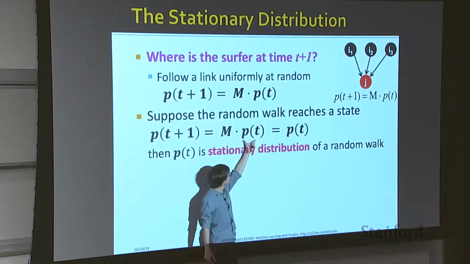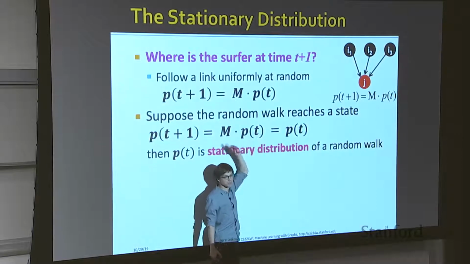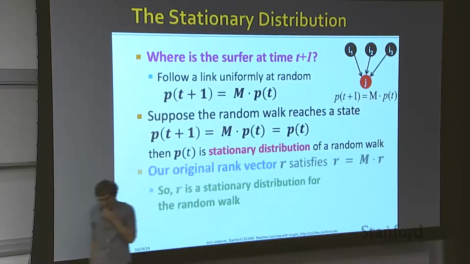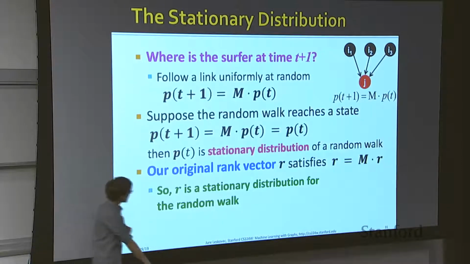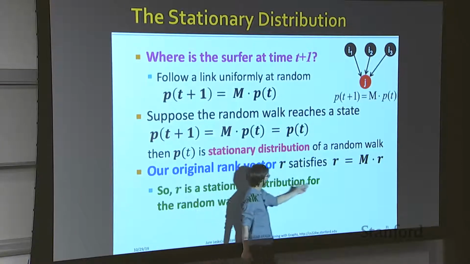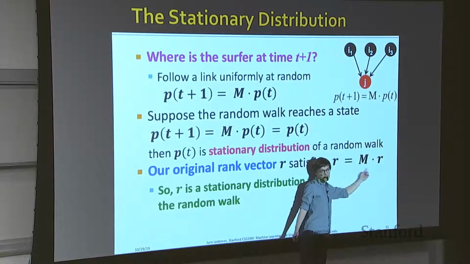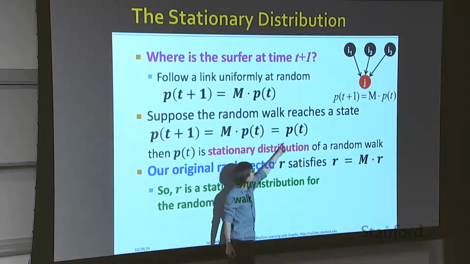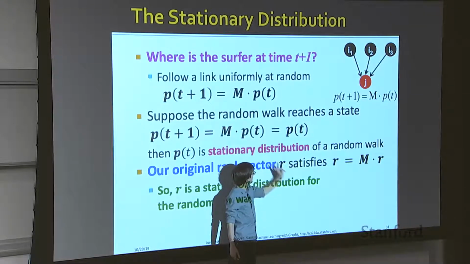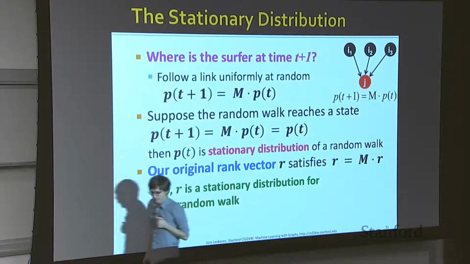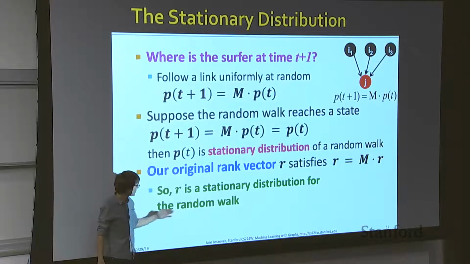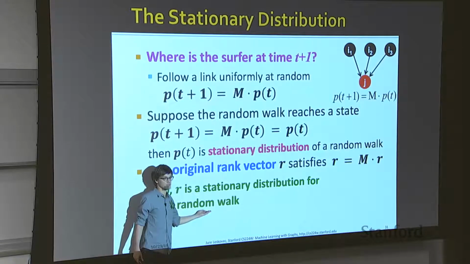I converged to some distribution that kind of gets preserved as the random walker makes more steps. Okay? But what's the point? The point is that we said the original vector r satisfies this equation. And now here, I essentially wrote the same equation again, just here I called it p(t), and there I called it r. So what this means is that r is a stationary distribution of this random walk.